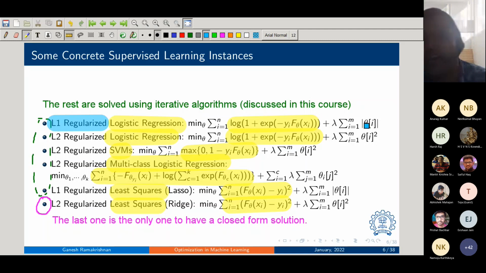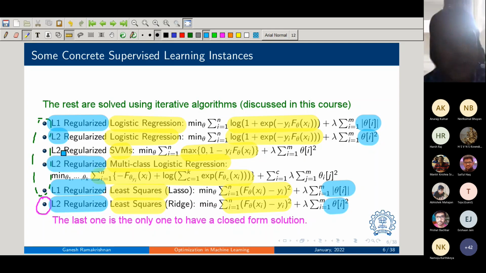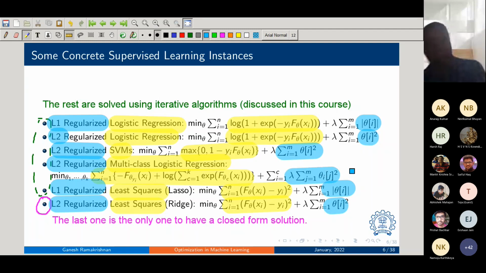So L1 regularizer here, this is L2, and you can see that least squares has a solution because both the loss and the regularizer are amenable to differentiation and an exact solution. It's by virtue of both parts, the regularizer and the loss function. Otherwise, it doesn't happen. You have L2 regularizer in a couple of other cases, but they don't have a closed form solution because the loss part is not amenable to an exact solution.